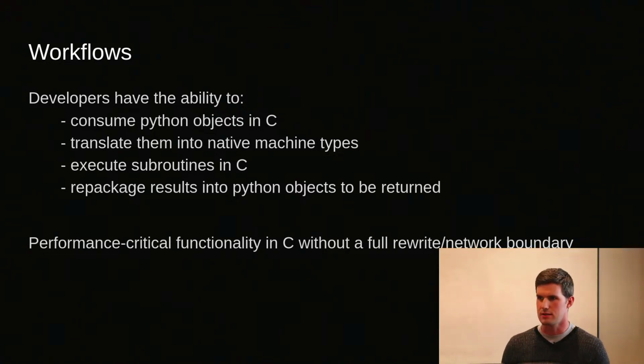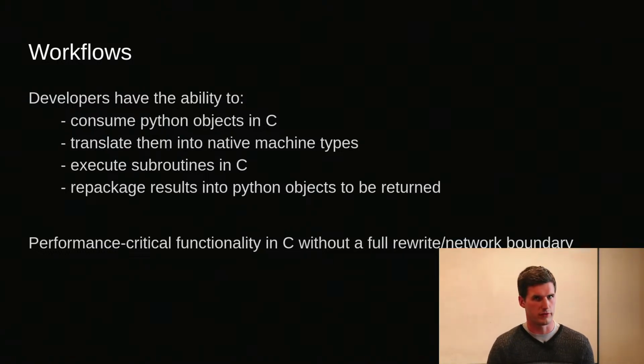So there's a pretty seamless flow between subroutines written in C and code that you write in Python that's executed from the Python interpreter. What that allows us to do as Python developers is push performance critical functionality down into C without resorting to a full rewrite of our app or putting a network boundary off to some other service.